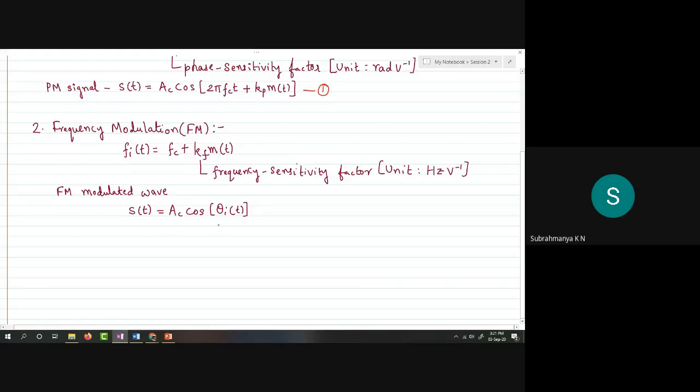Now we are varying the frequency of the carrier, and we have the instantaneous frequency, but we need to get to the instantaneous angle. So how do we get the instantaneous angle? I think we have done this in the previous session.